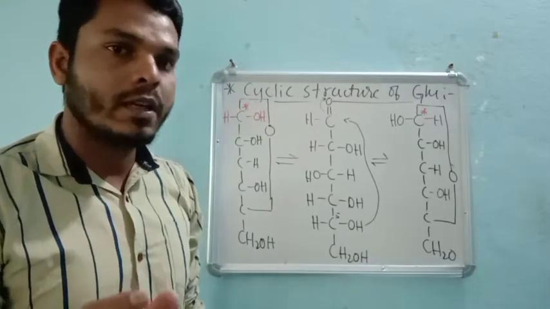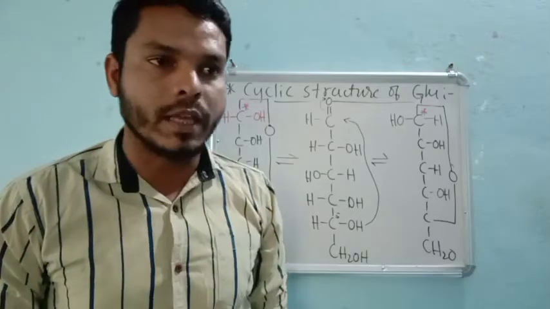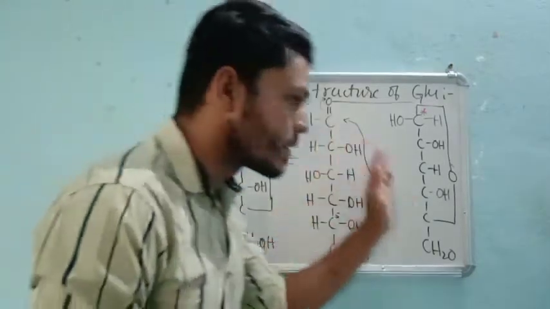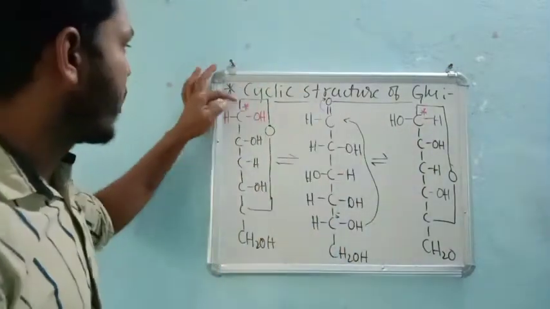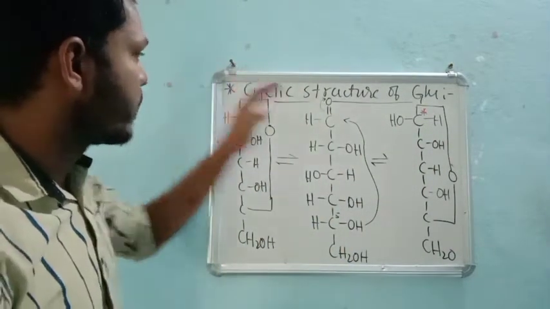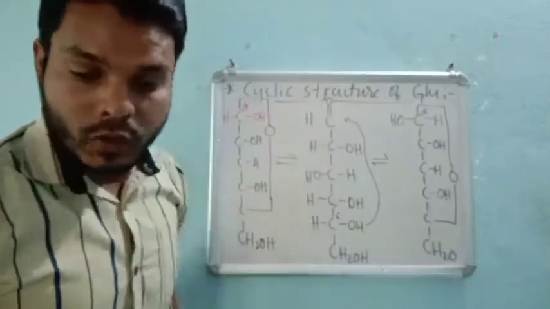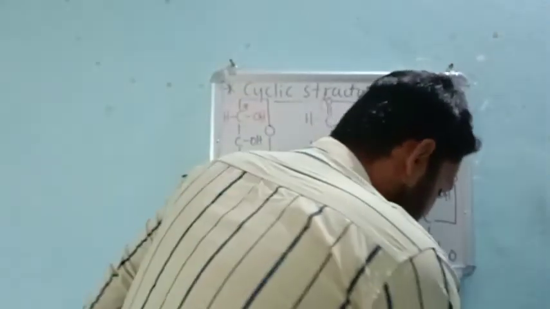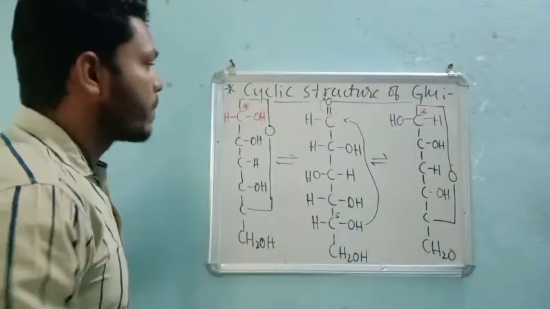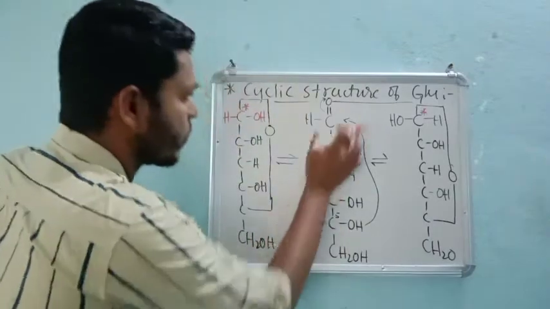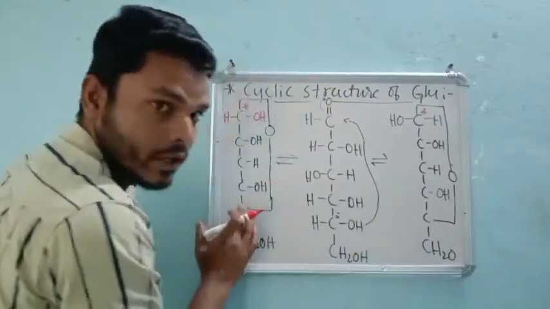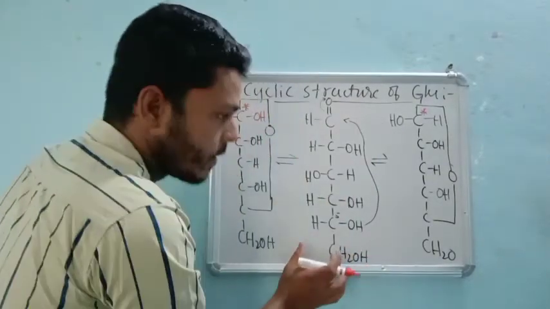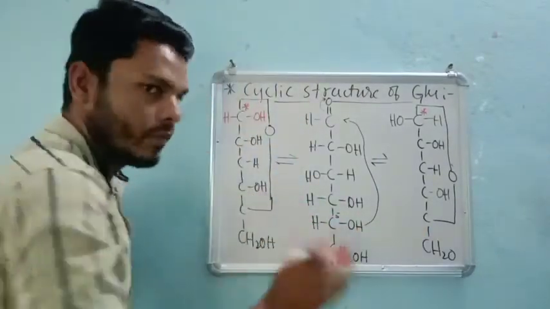Dear students, we can decide alpha and beta based on the OH group present on the first carbon atom. That's why I have marked it with a star, right? If you see the first carbon atom in the hemiacetal, you forget about this, right? After heating it, we are getting two forms. This is the basic form, and then alpha and beta we will decide now.